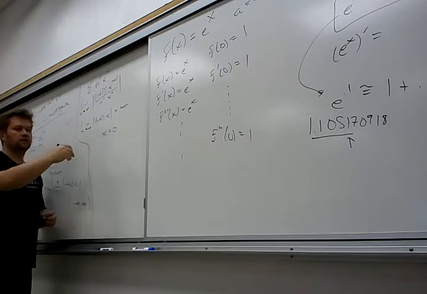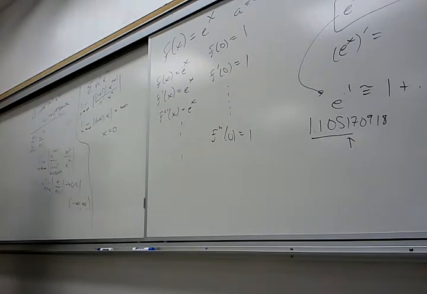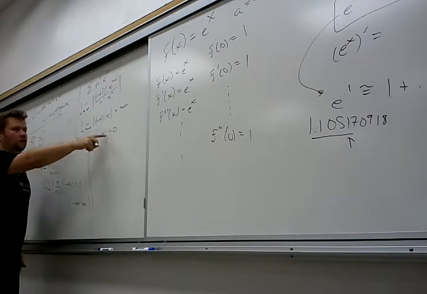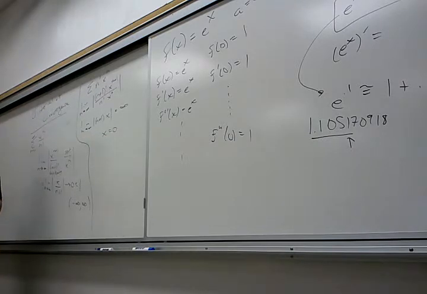So the interval of convergence is 0. The radius of convergence, which I don't know if I talked about before, is going to be 0, right? There's no radius. That's the only thing that could possibly work in this. And then it's a very boring sequence. 0, 0, 0, 0.